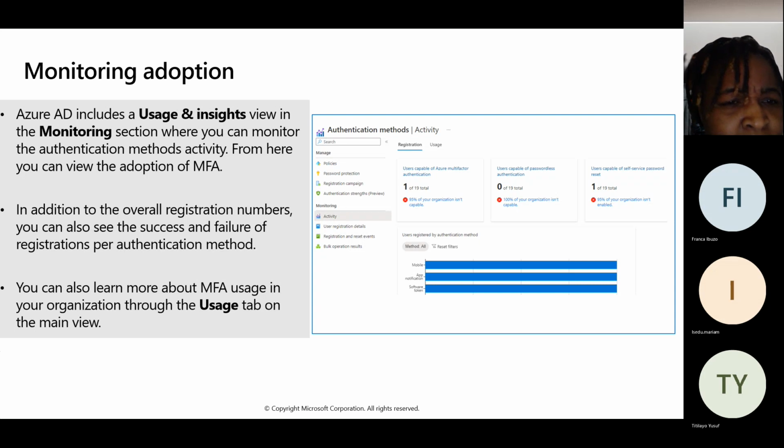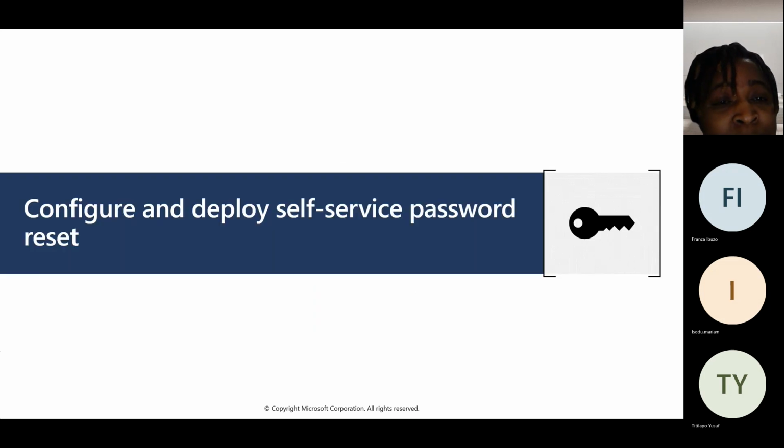So depending on an organization's use case, the monitoring, usage, and insight view allows us to see what's happening in our environment, and we can now decide, okay, this is how people are using MFA in the environment. These are things we can do to improve on that usage.